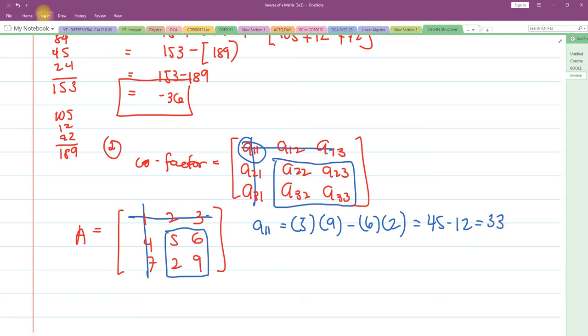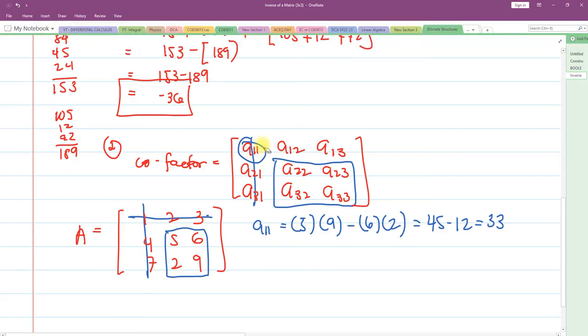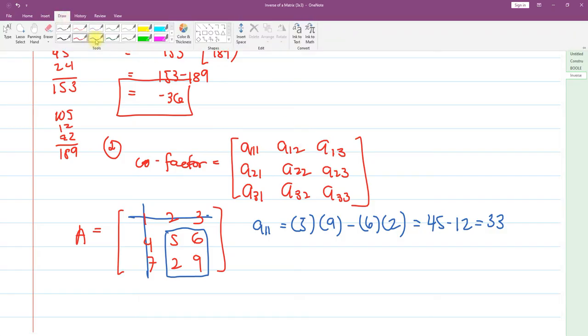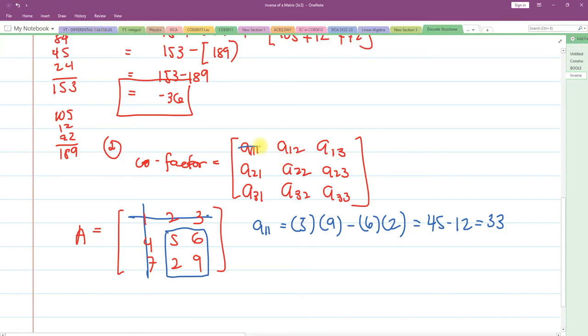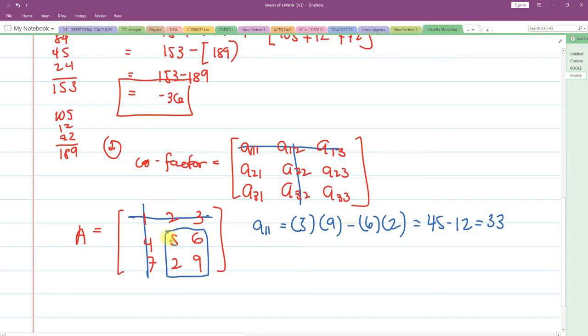Now the same thing we are going to do with A12. Okay? So how do you find now A12? For A12, we are going to cross out the row 1 and the column 2 and then get the determinant of the remaining elements. So that's clear.